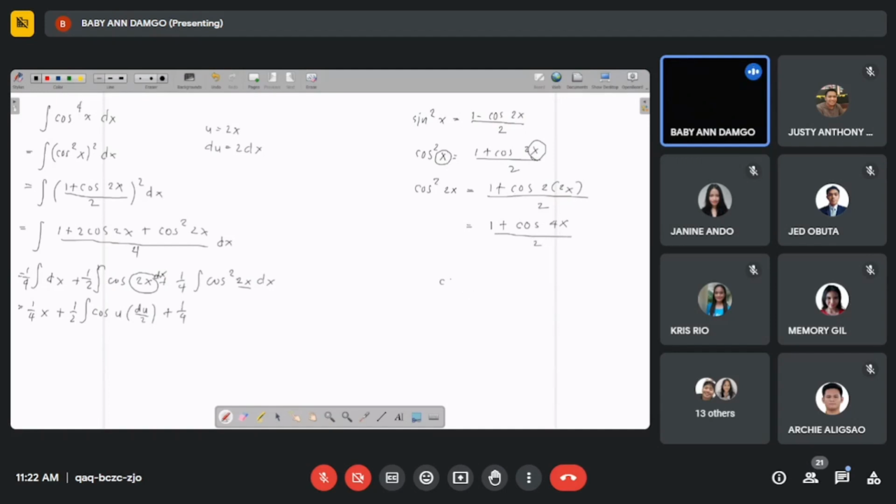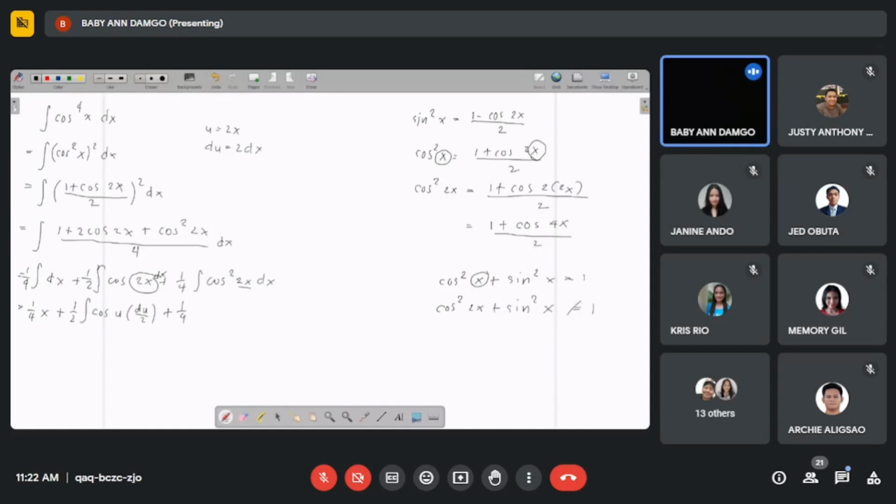Okay? So the same sa cosine class. Like, we have cosine squared x plus sine squared x is equal to 1. If this is 2x, so dapat ang naa pod sa sine, it should be 2x para ma-equal sa 1. Kaya if this is x, it's not equal to 1.